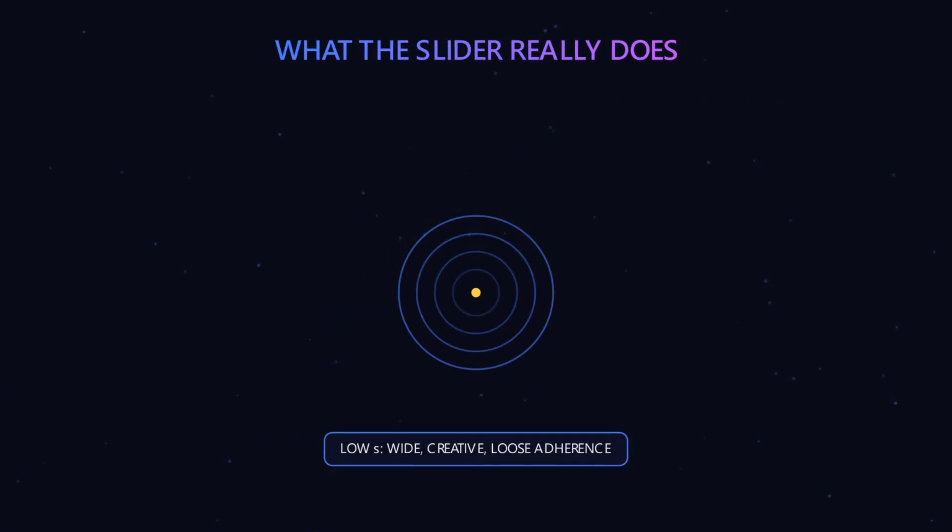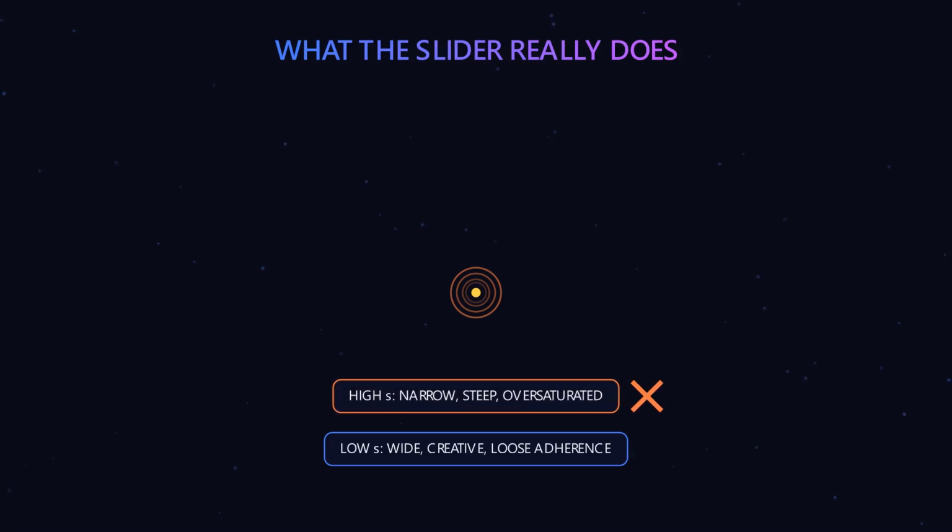Now, we can finally answer the video's opening question honestly. Turning the CFG slider up doesn't make the network think harder about your words. It takes the same 2 arrows, computes the same difference, and stretches it further before adding it back. Geometrically, this steepens the walls of the prompt's gravity well, narrower, deeper, harder for the particle to escape into a generic result.